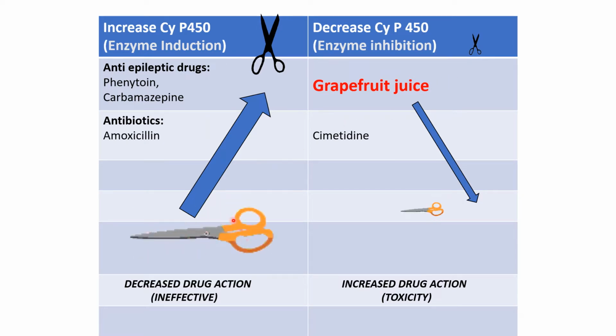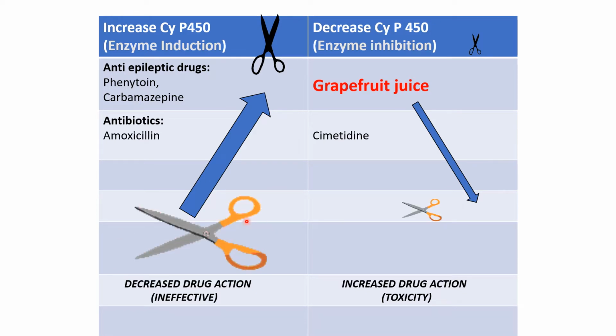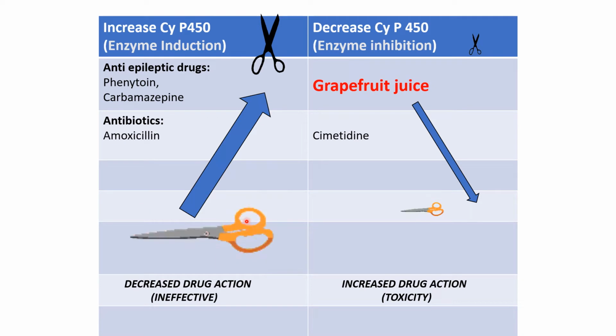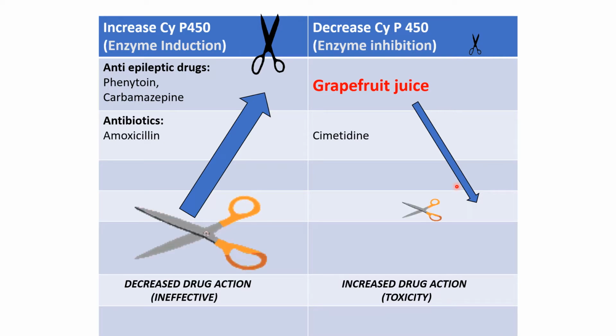Understand that if those scissors that destroy the medications are bigger, then the medication is going to be destroyed sooner, biotransformed sooner and more efficiently. So the medication will wear out sooner and more intensely. If this system is inhibited, decreased, made weaker, then the medication will survive for longer, and then the medication has the capacity of being more potent than usual.